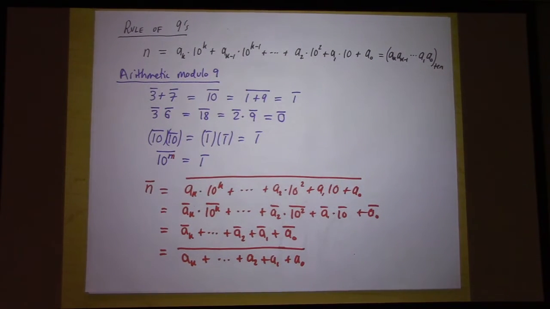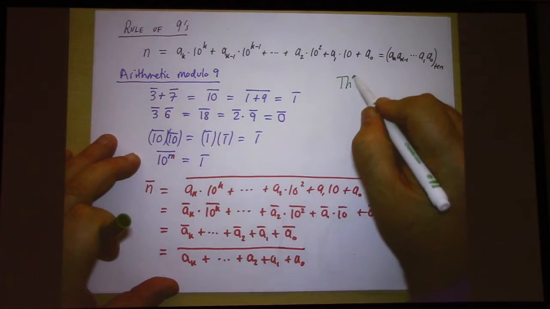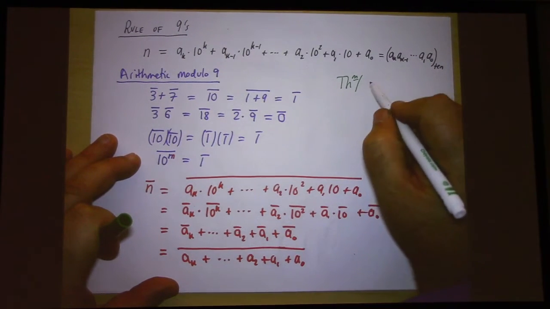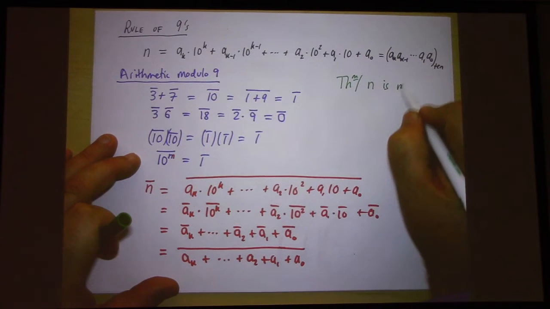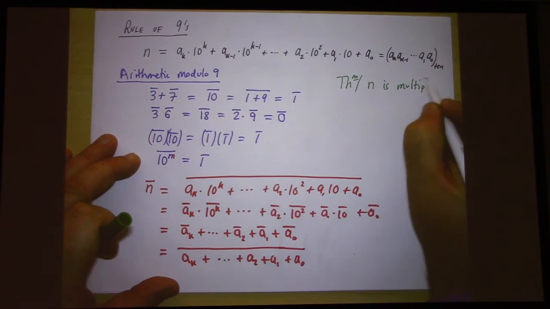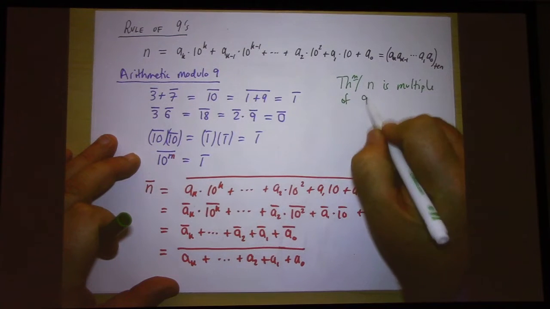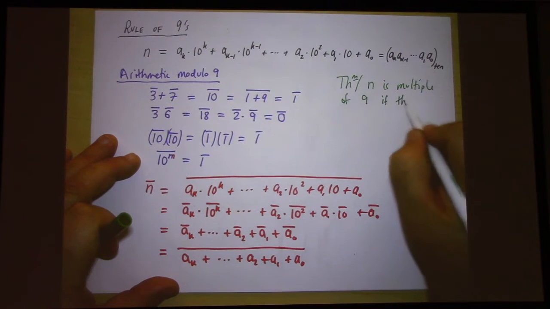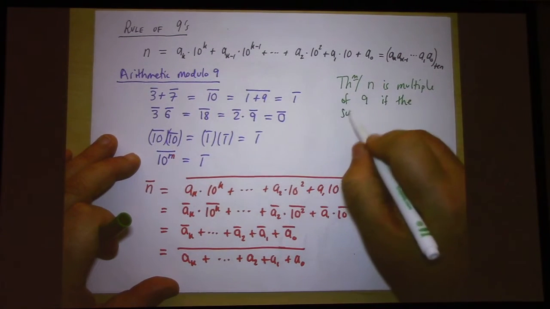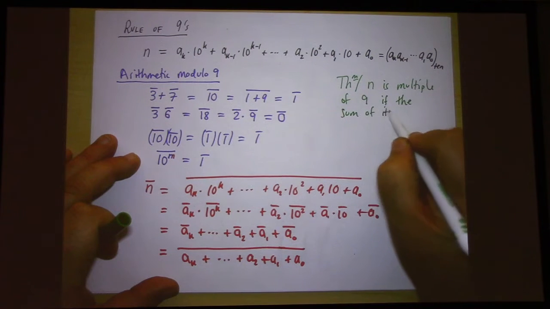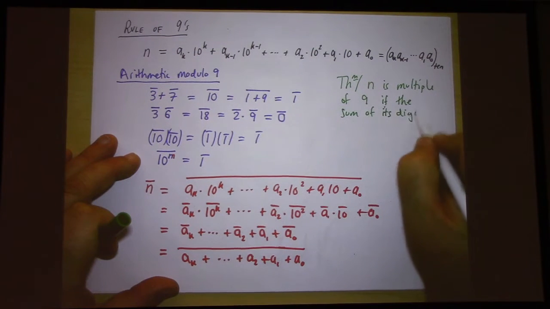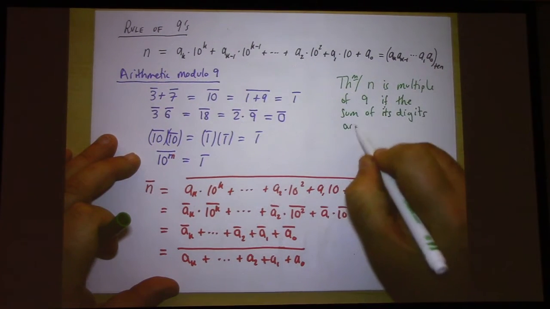Now here's the theorem, the rule of nines. The theorem is just this. N is a multiple of 9 if the sum of its digits is divisible by 9.